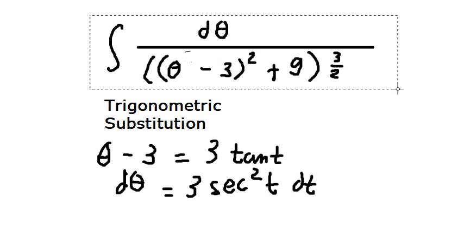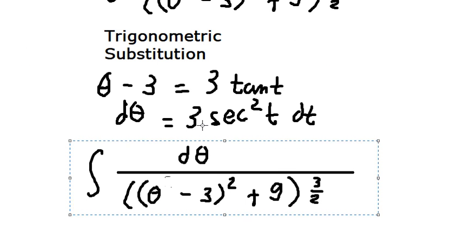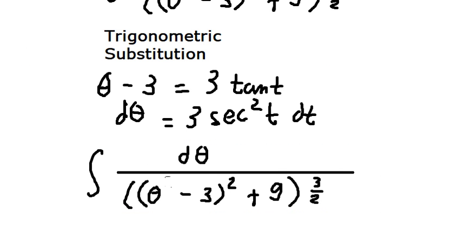So we put this one in here, and you got 9 tan t to the power of 2 d theta.